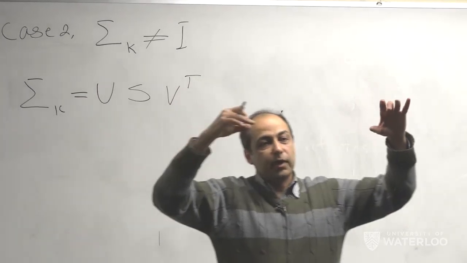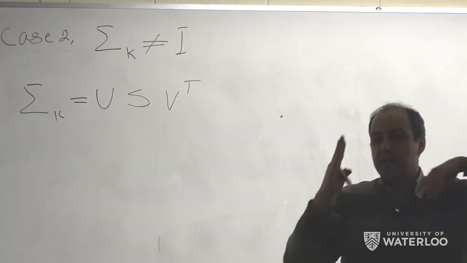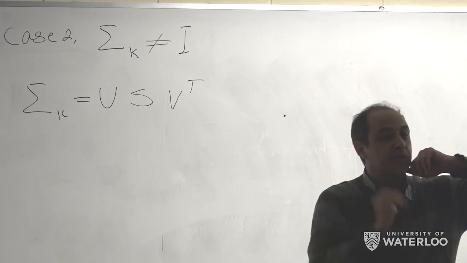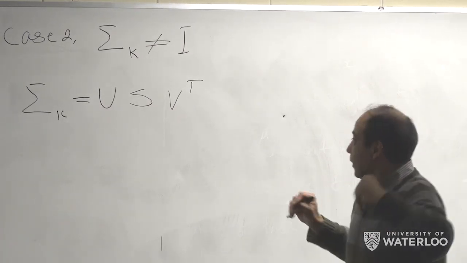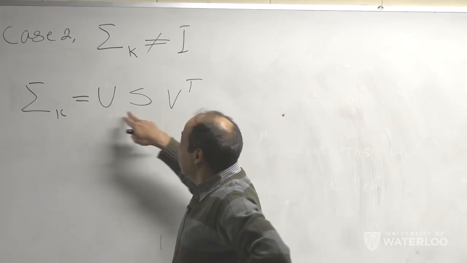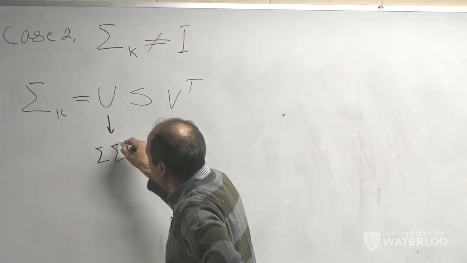Sigma is a covariance matrix, it's symmetric. Since it's symmetric, sigma times sigma transpose is the same as sigma transpose times sigma. Right? So this is the eigenvectors of sigma times sigma transpose. This is the eigenvectors of sigma times sigma transpose.